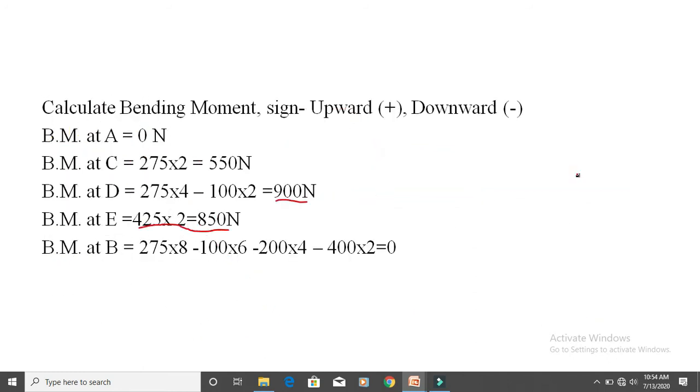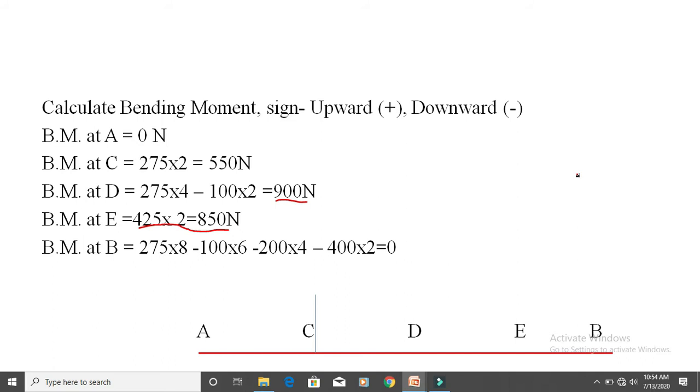Then next, the bending moment diagram. For drawing the bending moment diagram, first draw one baseline with the points A, C, D, E and B. Then bending moment of A is 0. Bending moment of C is 550 Newton, so draw a vertical line above the baseline of 550 Newton.